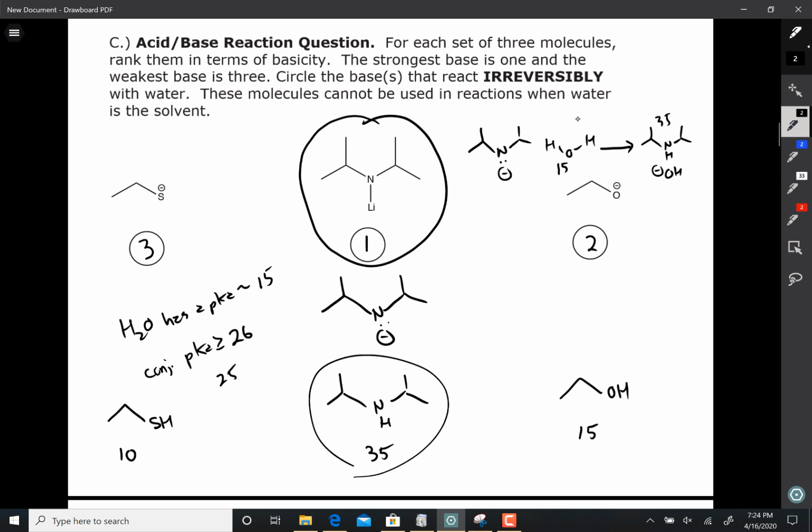This reacted irreversibly with water. Look at the other way. pKa of 15, pKa of 15. This can react with water, but it does not do so irreversibly. And so on and so forth.